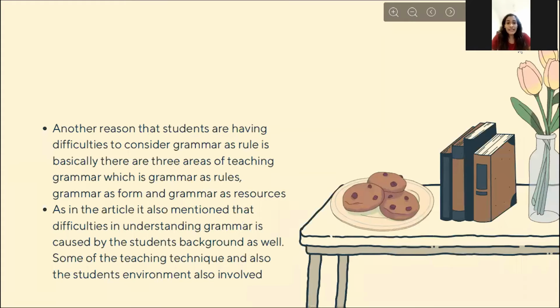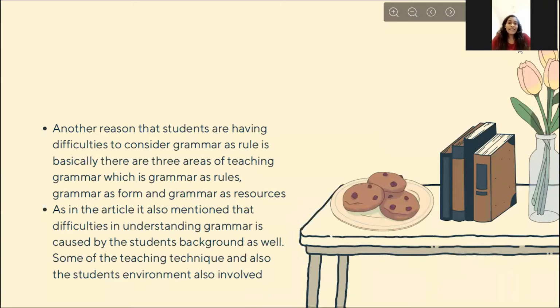There are three areas of teaching grammar: grammar as rule, grammar as form, and grammar as resources. So in these three situations, some of the students fail to consider it as a rule.